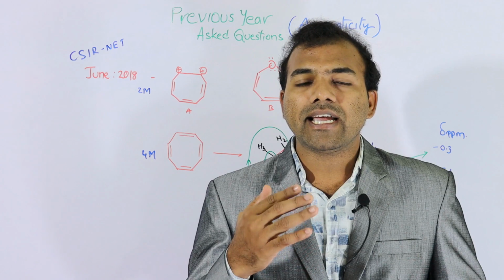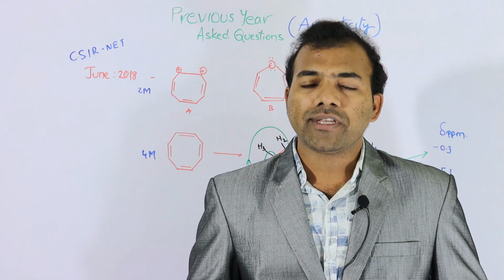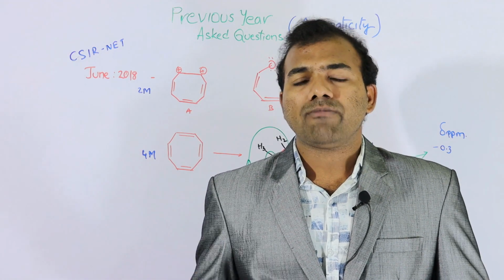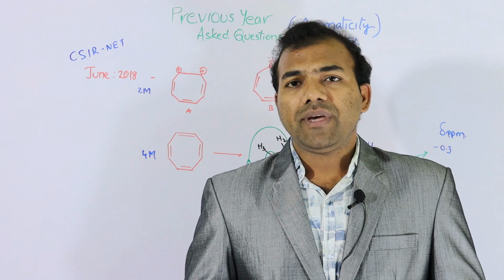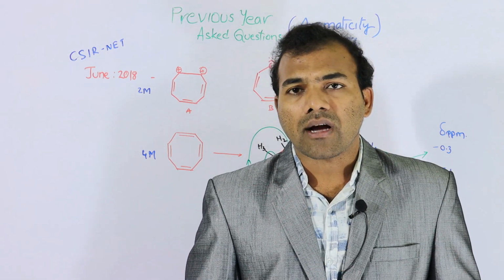There is steric hindrance between the hydrogen atoms, so the compound adopts a tub shape. A tub shape is a non-planar structure, so the compound is non-aromatic.